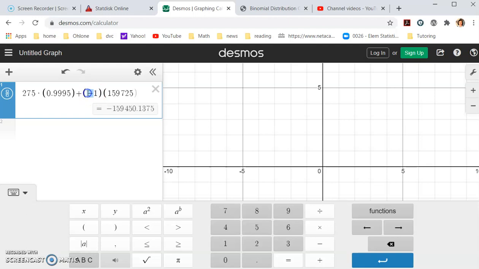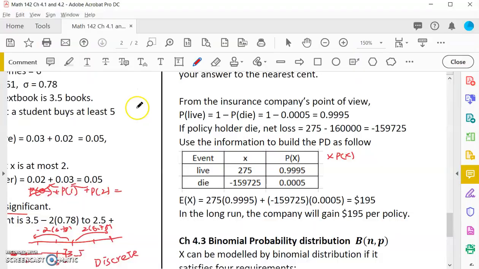It is negative here, not negative 1. And what is the chance of this? 0.0005. And you can see that it's positive 195.